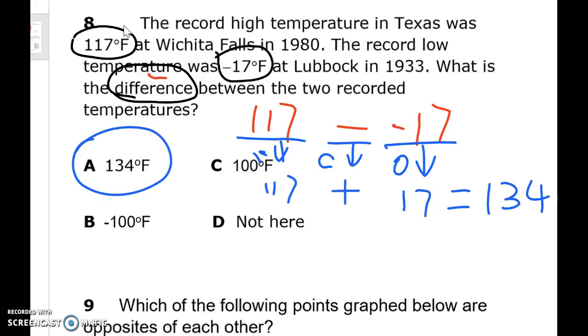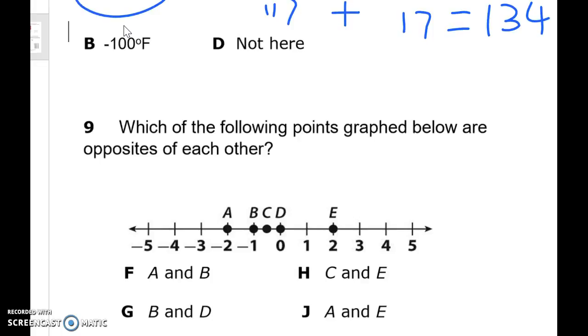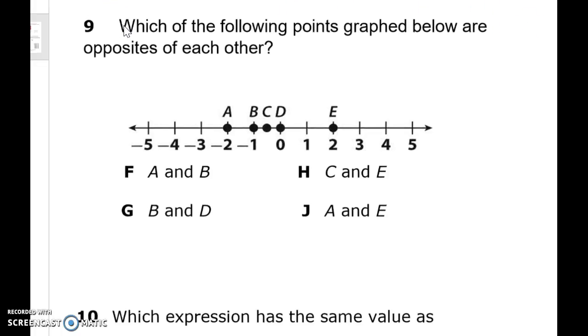Very good. Next is question 9, also a very easy one. Which of the following points graphed below are opposite to each other? So opposites are the numbers in different directions on the number line, but they have the same distance to 0.